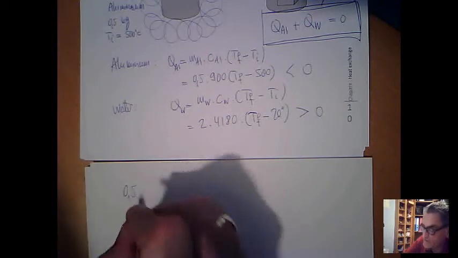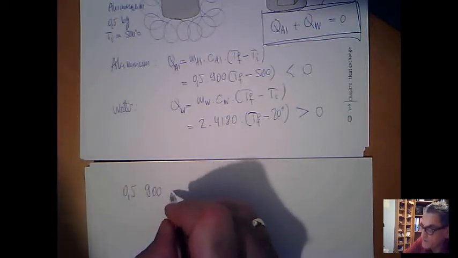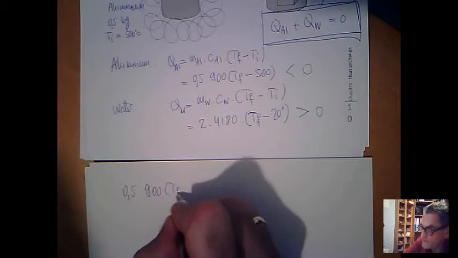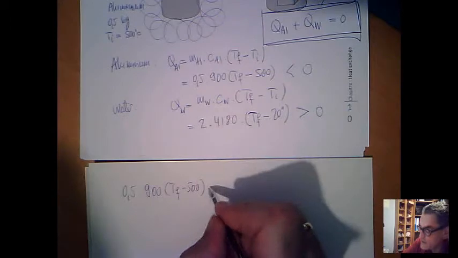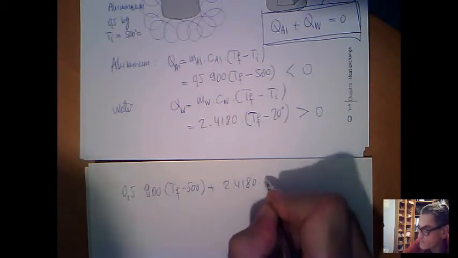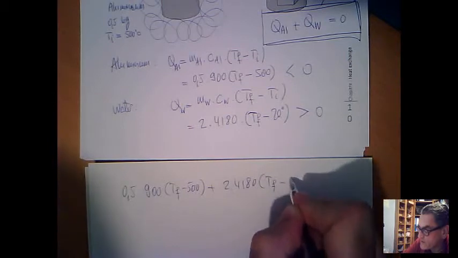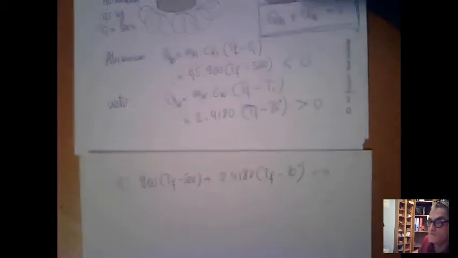Okay, I have 0.5 times 900 times (TF minus 500), plus 2 times 4180 times (TF minus 20), and this should be 0.